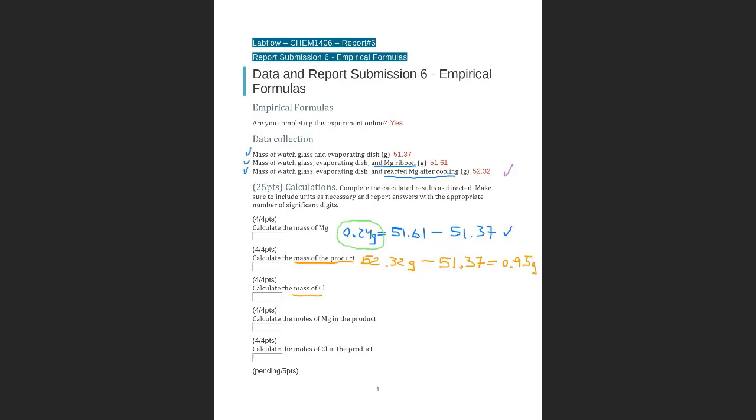And how do we calculate the mass of chloride? We have the mass of the product. We know that the mass of the chloride plus the mass of the magnesium equals the mass of the product, right?